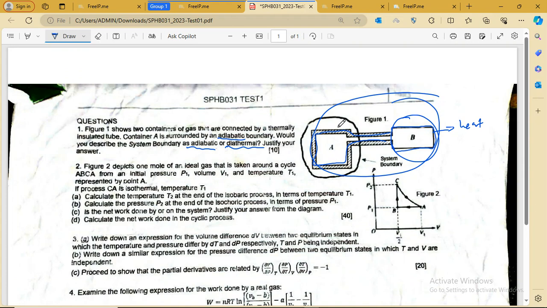Okay, before I go and write it down, when you state that it's adiabatic, you are going to justify that we are assuming that this separation between A and B is very, very narrow, and also long.